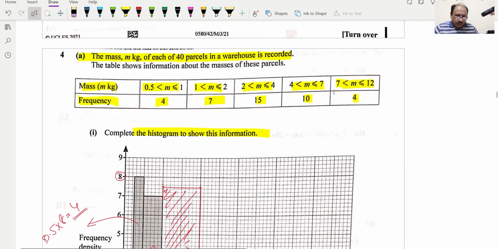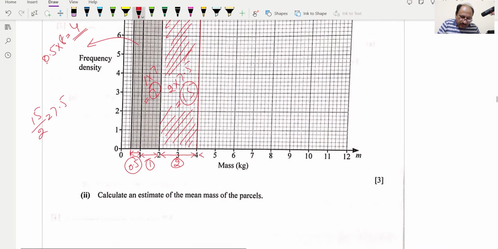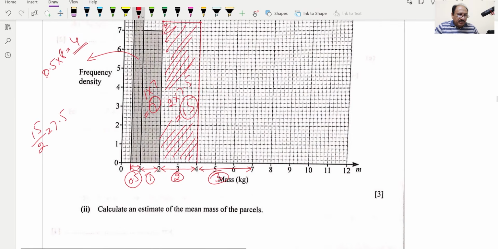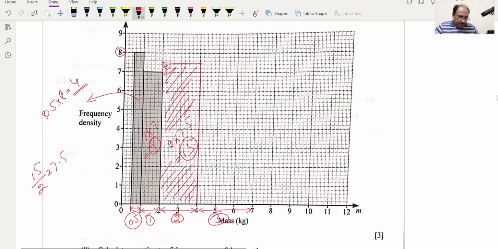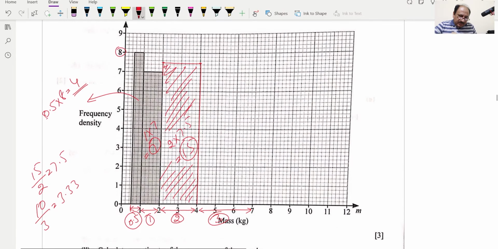Next, 2 to 4 is done. 4 to 7 is 10. 4 to 7 is this one, which is 1, 2, 3 units. So 10 divided by 3 will be 3.33. So we can write the height will be 3.3. So 3.3 we can take up to this one.